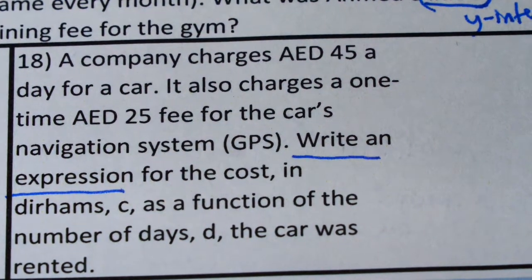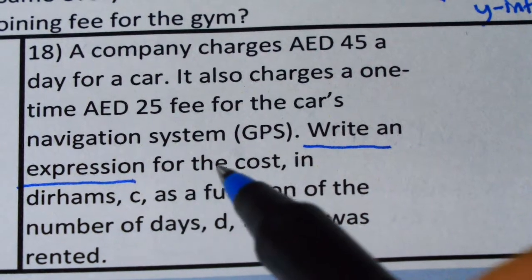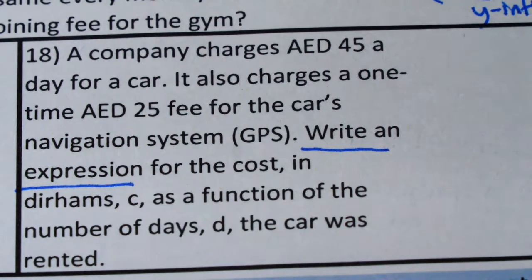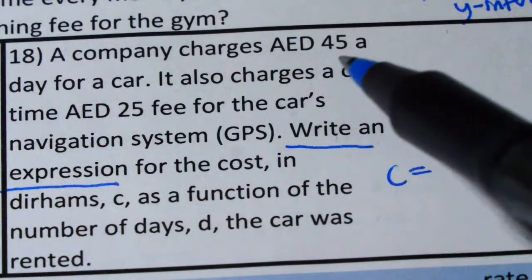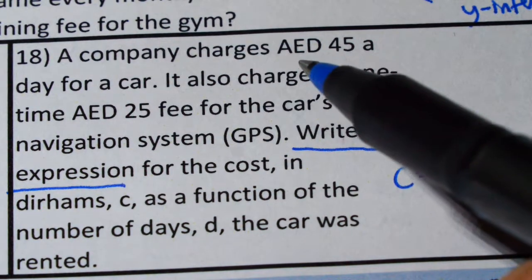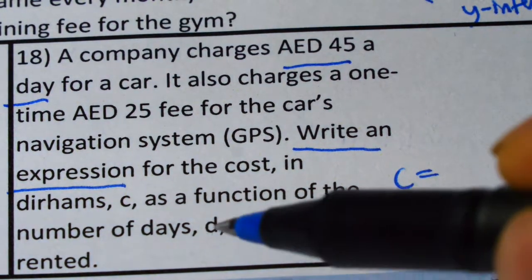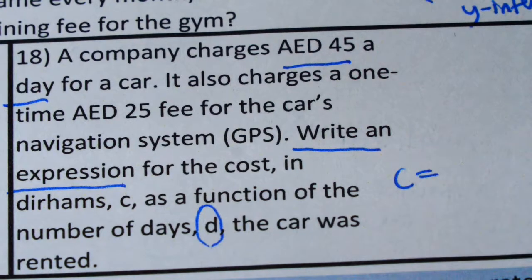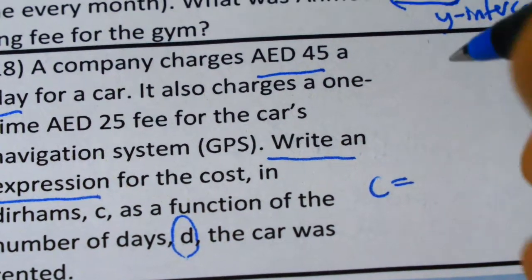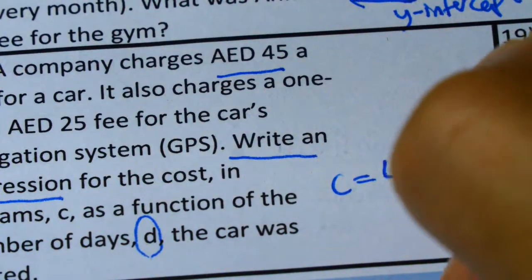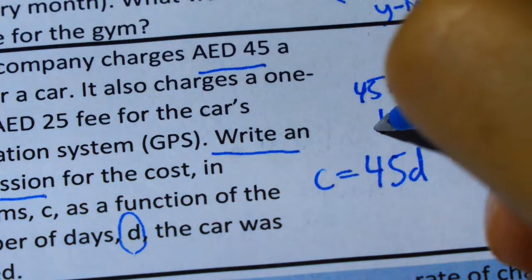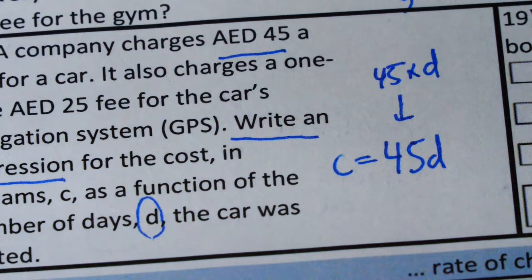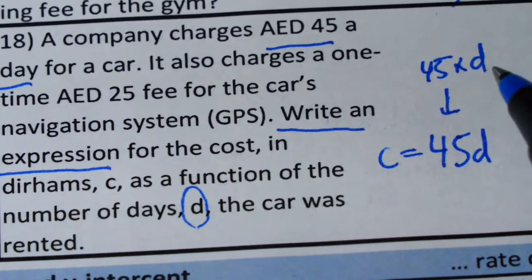Okay, so we are going to start with C because it's asking for the cost in C. So C equals. Now if we look at our information here, it is 45 dirhams a day. Day is D. But we don't know how many days. Okay, so it's 45 times D, or 45D. 45 dirhams per day.